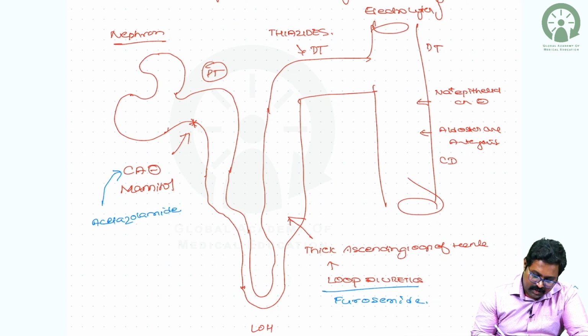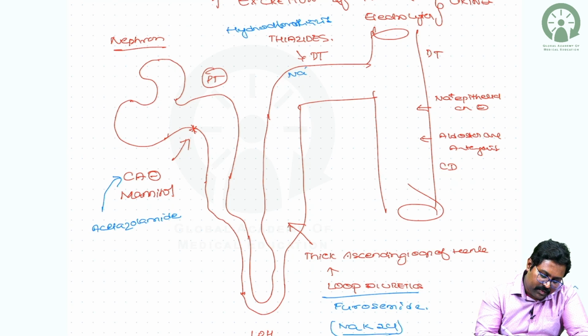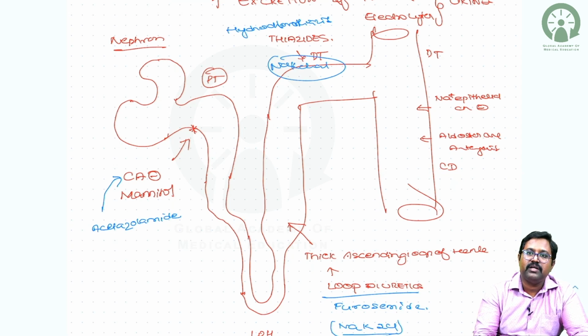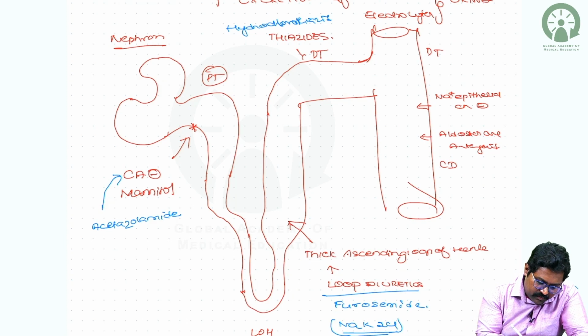Under thiazides we have hydrochlorothiazide. So hydrochlorothiazide acts on which channels? They act on sodium chloride import channels in the early part of the distal convoluted tubule.